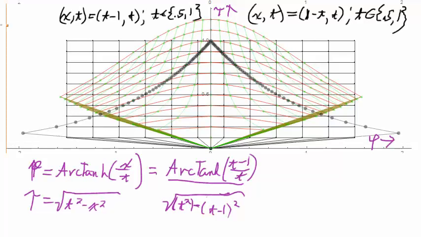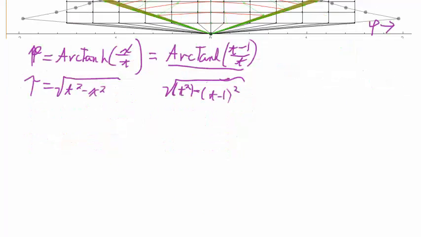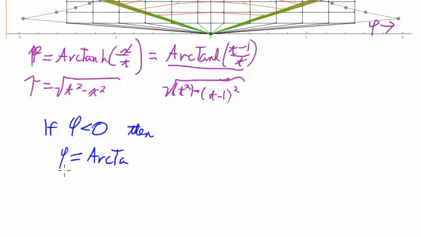That's what that is. Okay, so this would be if phi is less than 0, then phi of cone is arctangent of t minus 1 over t.